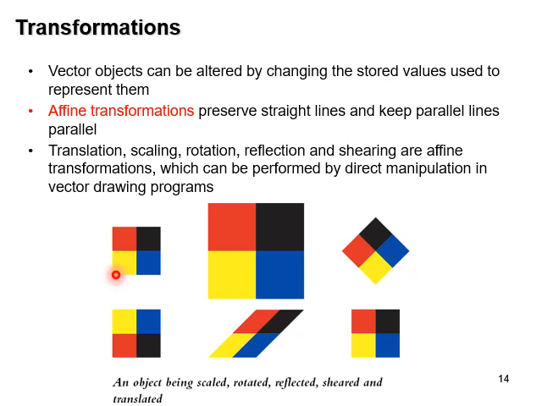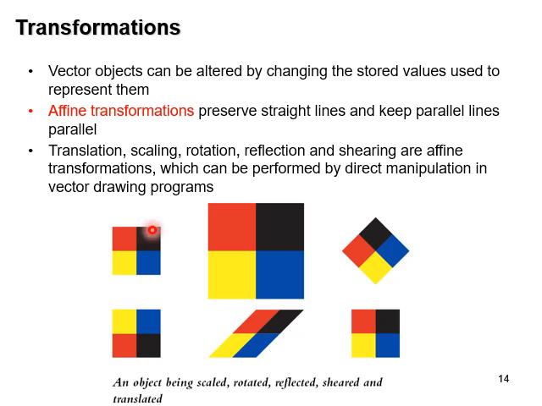Now rotation is to rotate that object. Here we are rotating it about its center maybe with a certain angle. Still parallel lines remain parallel and straight lines remain straight lines. Reflection is like you are reflecting, as if you have a mirror here and you're reflecting that object. Shearing is what is shown here. It's like you're stretching the image or the vector from one direction.